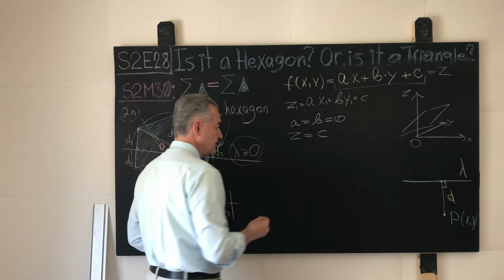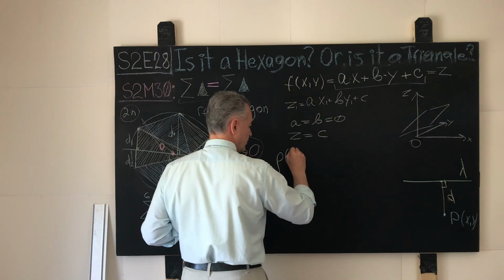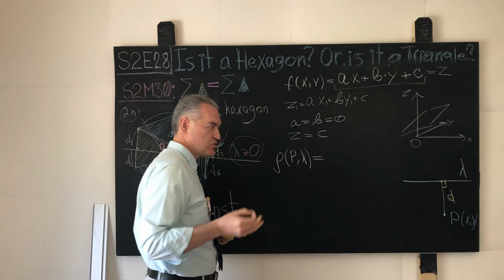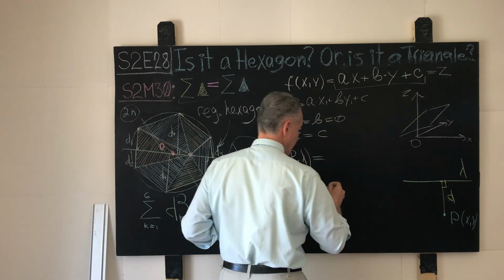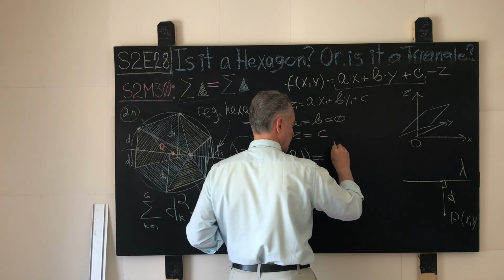Well, that distance, let's say we call it rho, from the point P to the straight line lambda, again, it can be shown, it's not too difficult, and in the near future we will show it, this distance is given by the following formula.